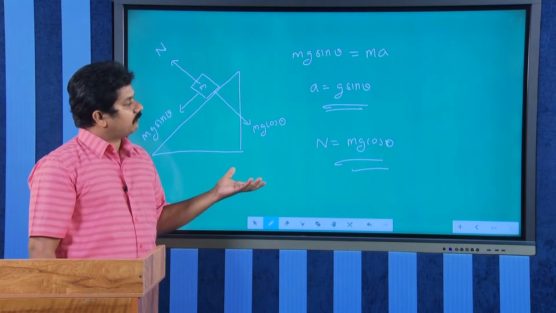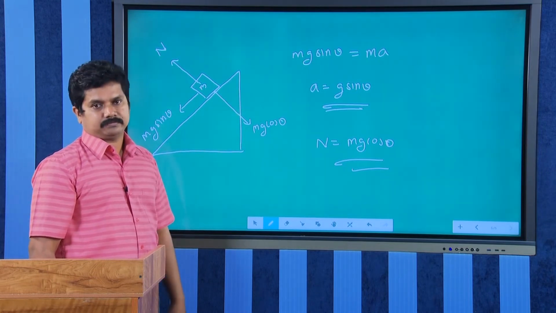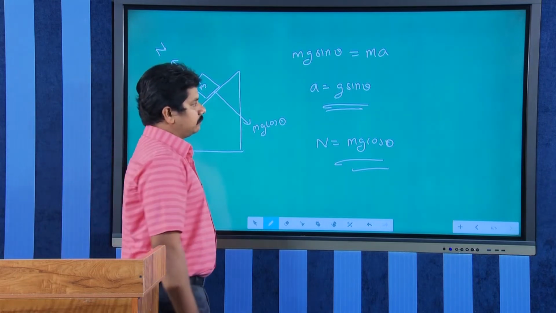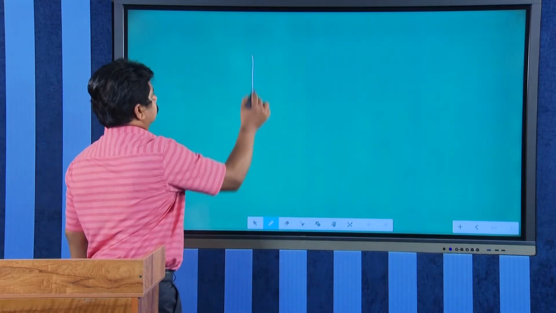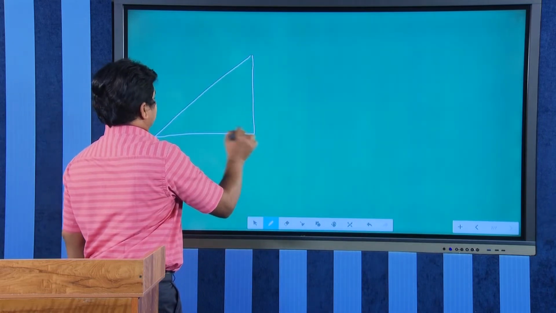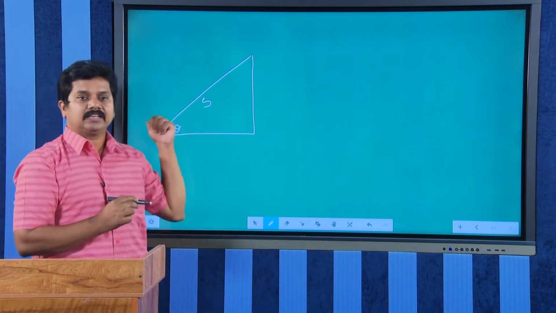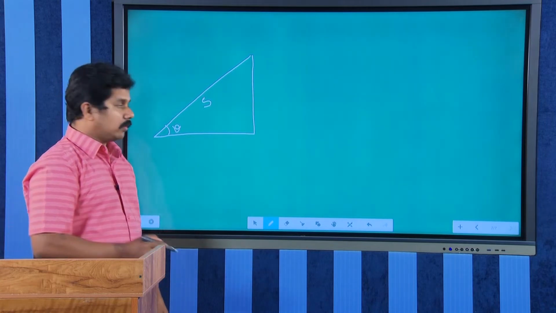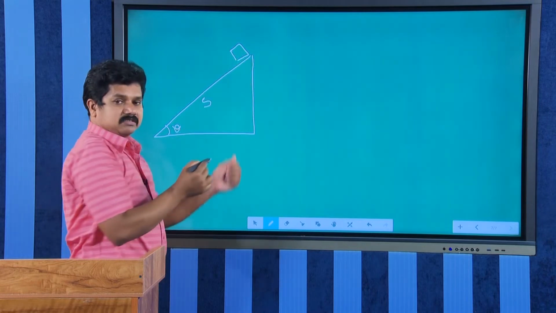Okay. Now, we can find the time taken by this block to reach the bottom. Okay. How do we find the time taken to reach the bottom? See, if we have the distance or the length of the plane, S is the total length of the plane. We know this block initially is placed on the top.